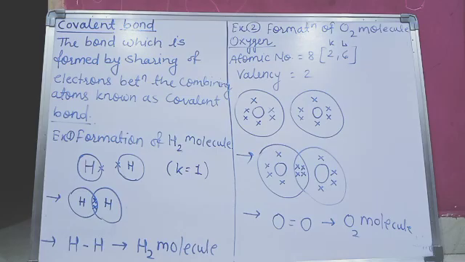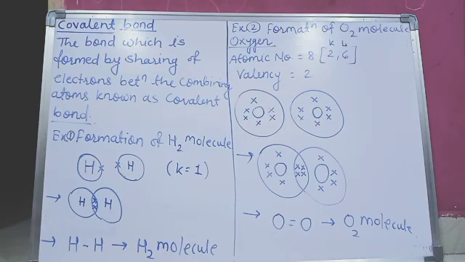Now you can see 2 oxygen atoms there. Now how many electrons are there in the outermost shell of oxygen? 6. Now here these 6 electrons are denoted by the cross. Now out of these 6 electrons, each oxygen requires 2 electrons for stability.